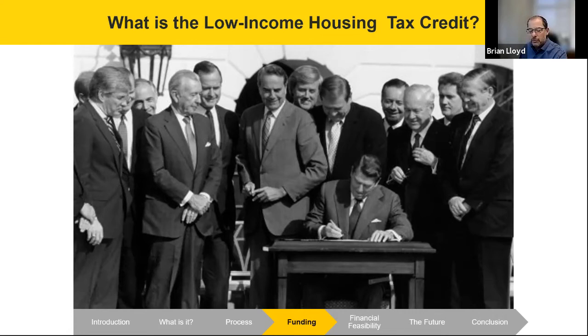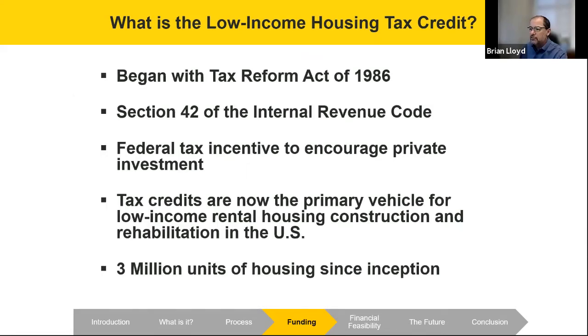And the low-income housing tax credit was sort of a bargaining chip, a crumb, if you will, thrown to low-income advocates and progressives. And oddly enough, it's grown and survived for these 30 plus years and become a pretty successful program.